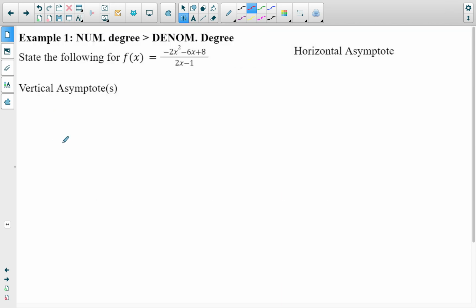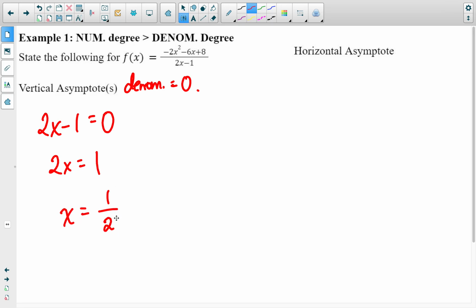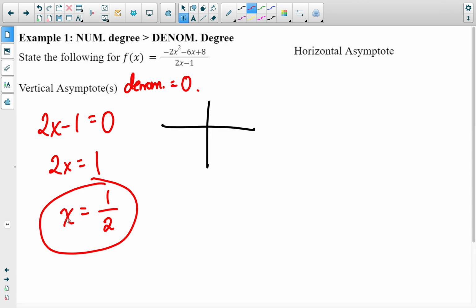Okay, here's the first case. Let's state the asymptotes for this function. Vertical asymptotes: remember, you're going to set the denominator equal to 0. 2x minus 1 equals 0. 2x equals 1. x equals 1/2. So if we were sketching this graph, we would have a vertical asymptote right here, approximately at x equals 1/2.